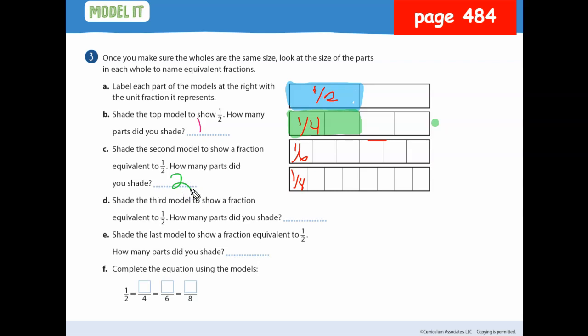Then it says shade the third model to show a fraction equivalent to a half. How many did I shade there? 3. It says how many parts did you shade? 3 of them.